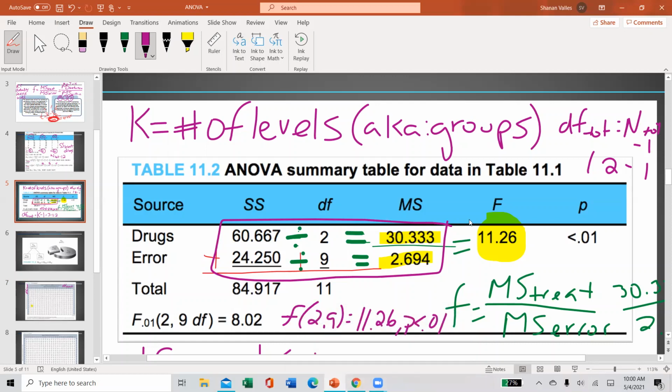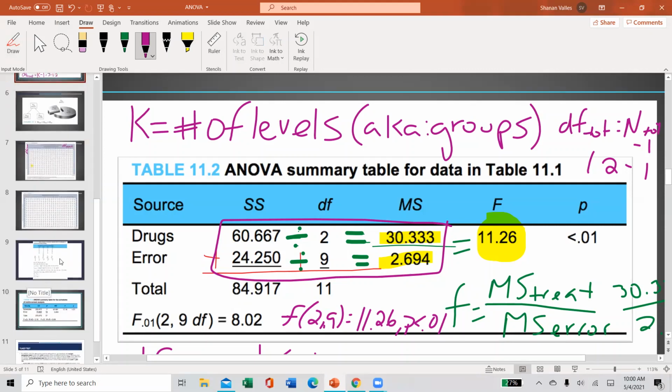That's a comma, not a dot. Our F was equal to 11.26, and we ultimately found our p was less than 0.01. Of course, you could put 0.05 there too. Okay. I know this is a lot. I know it's a lot to take in.